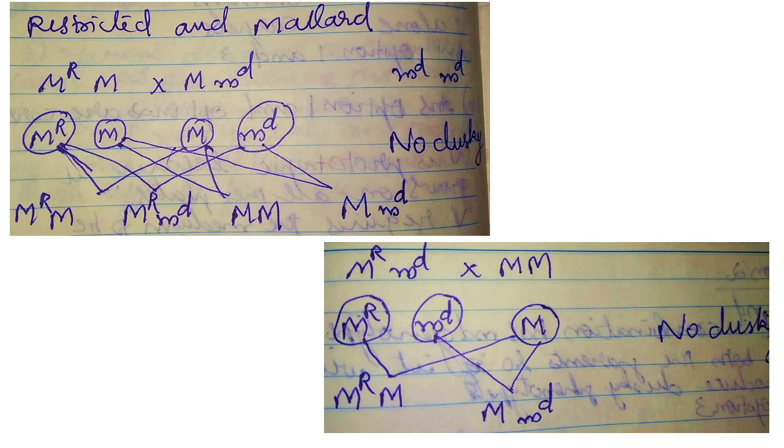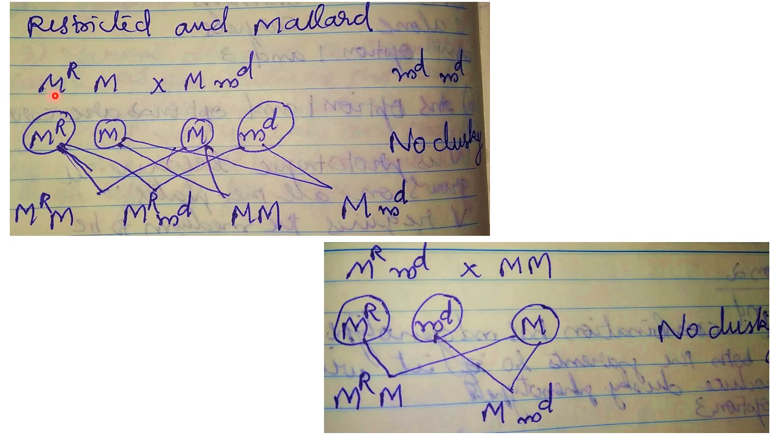So restricted and mallard, and this is dusky phenotype, small md. Now you have to see which cross will give the dusky phenotype and which will not.